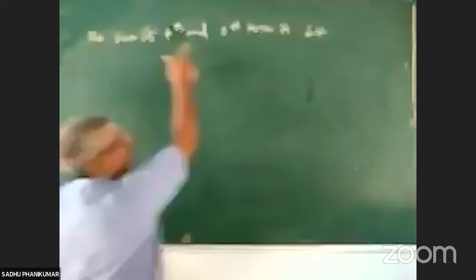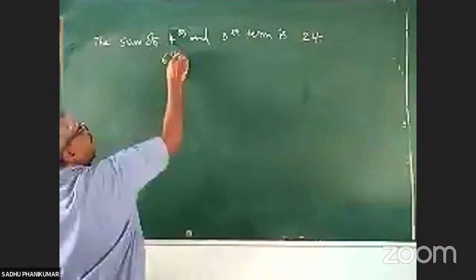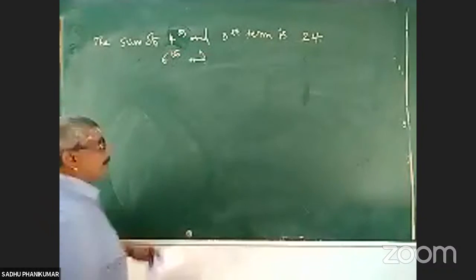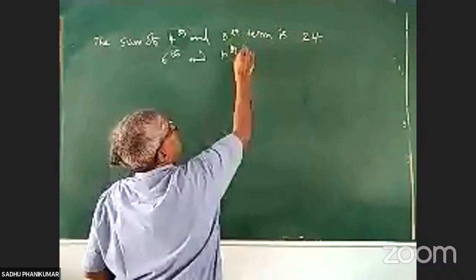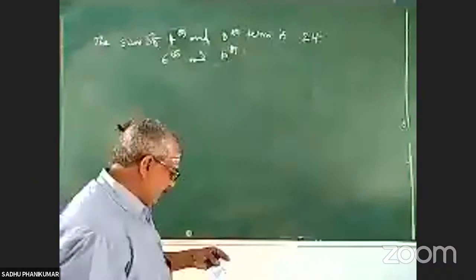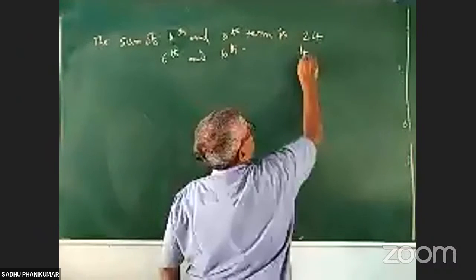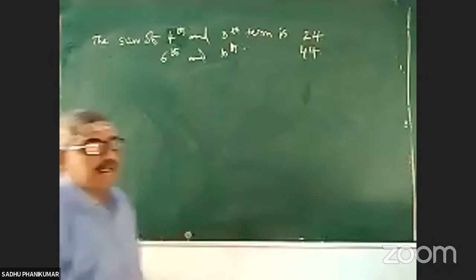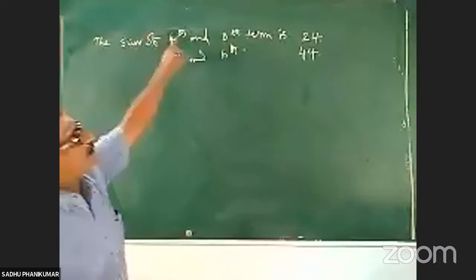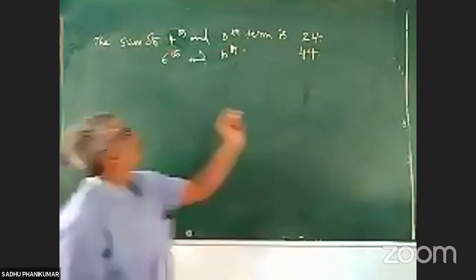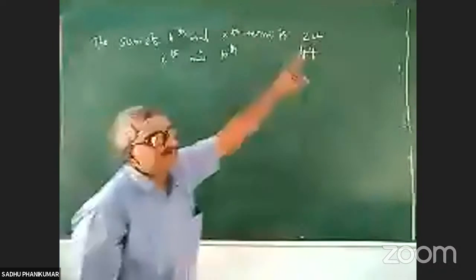So what is the sum of the 6th and 10th term? The 6th and 10th term sum is equal to 44. Okay, given the sum of the 4th and 8th term in the AP is 24 and the 6th and 10th term sum is 44.